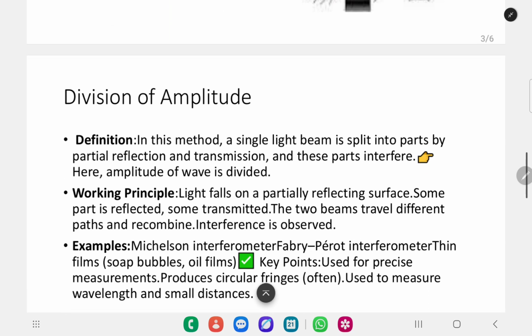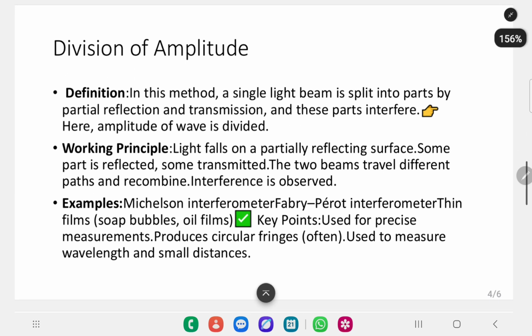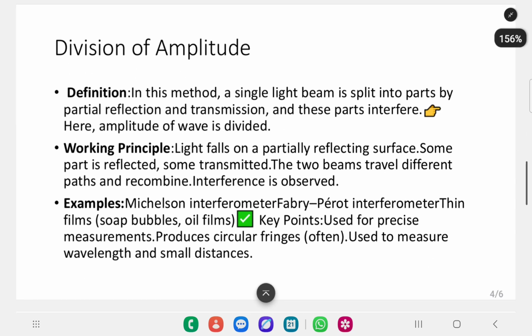Next, division of amplitude. In this method, a single light beam is split into parts by partial reflection and transmission. Some part will get reflected. These parts interfere, and here the amplitude of the wave is divided. So what is happening?